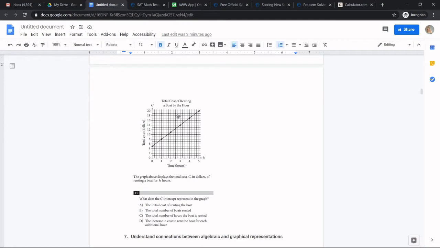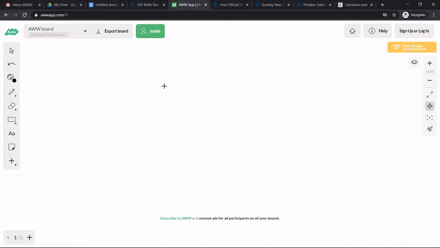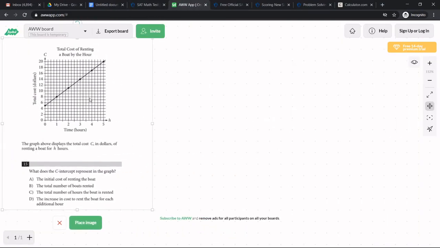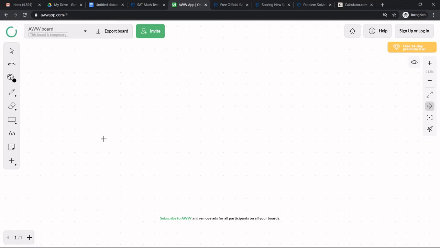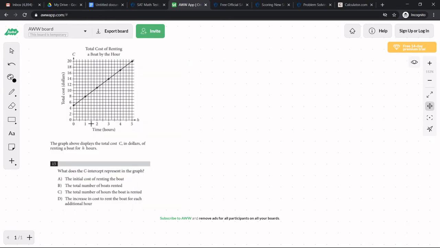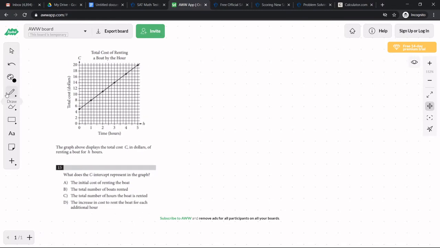Okay. And this one is a bit more interesting. It is a graph instead of an equation, but it has the same principles behind it. Whenever I see a graph, I just like to think of what it would be in equation form. The y-intercept is 5. We know this is obviously linear, it's just a straight line. y equals mx plus b.